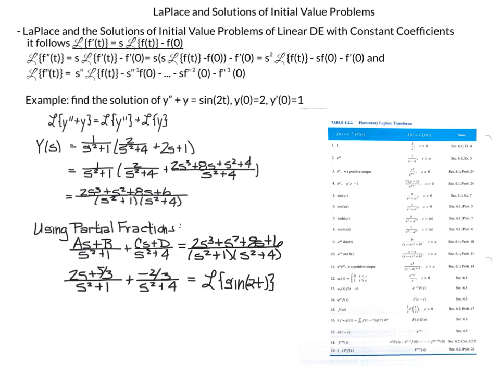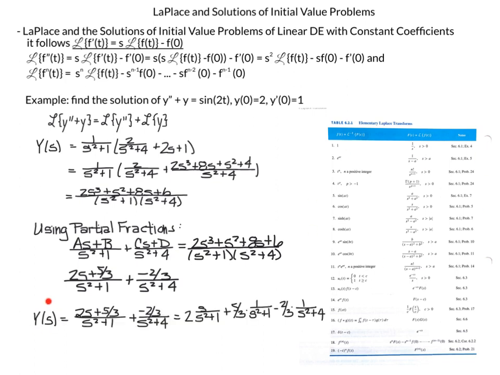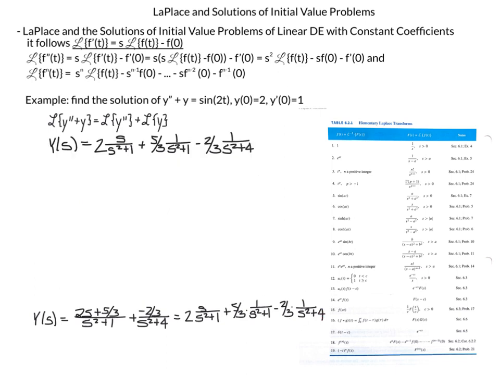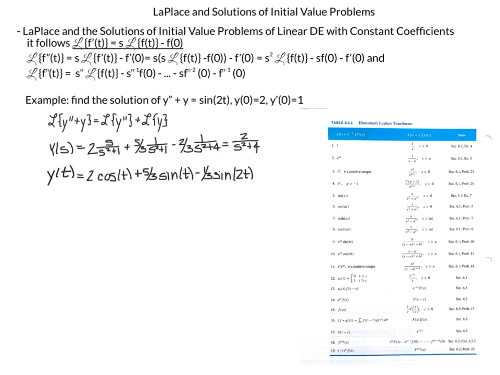And now I can use my table over here. I'm going to set Y(s) equal to this sum, and then pulling out some of the constants, I get 2s over s squared plus 1, plus 5/3 times 1 over s squared plus 1, minus 2/3 times 1 over s squared plus 4. I've moved that up over here for our reference, so I could have more space. So now I'm going to look at our table for something that looks like s over s squared plus 1.